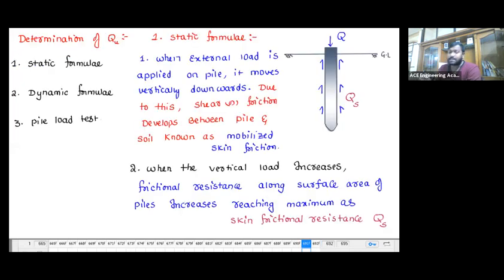Now, this is the point where the point bearing resistance is going to be developed. From here onwards, the point bearing resistance is going to be developed.